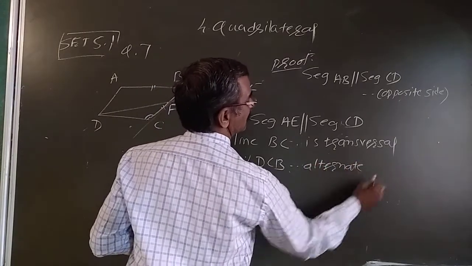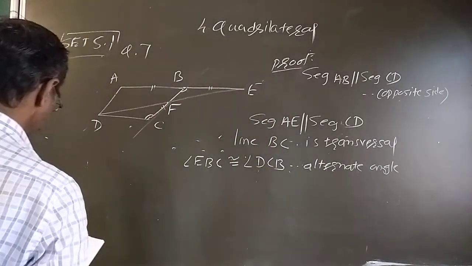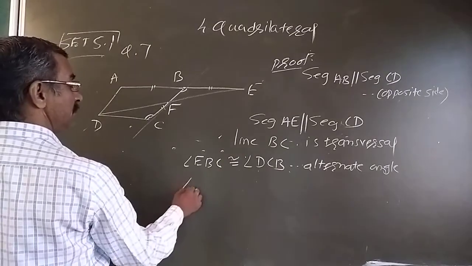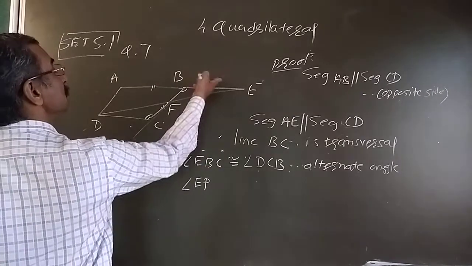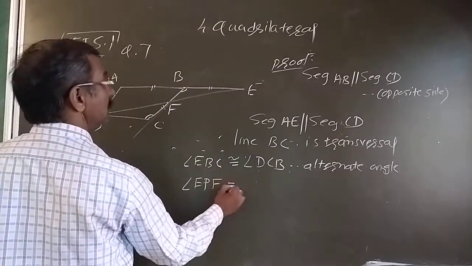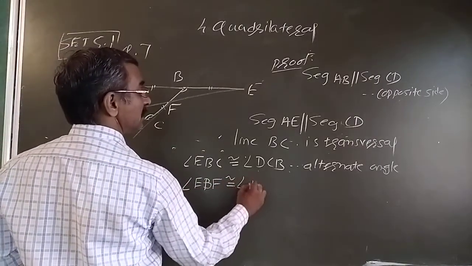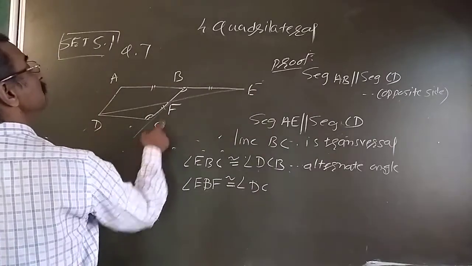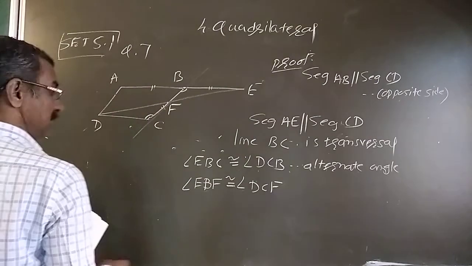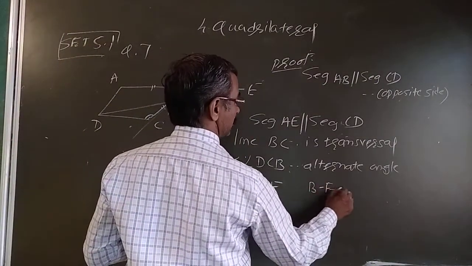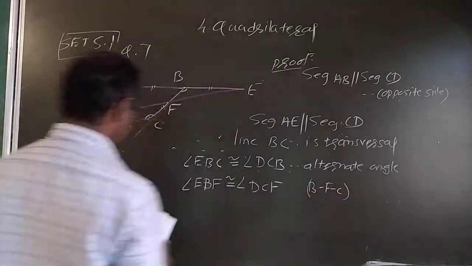So they are congruent. Then angle EBF, that is EBC, is congruent with angle DCB. DCB is also said to be DCF, the same angle, because F is in between B and C.